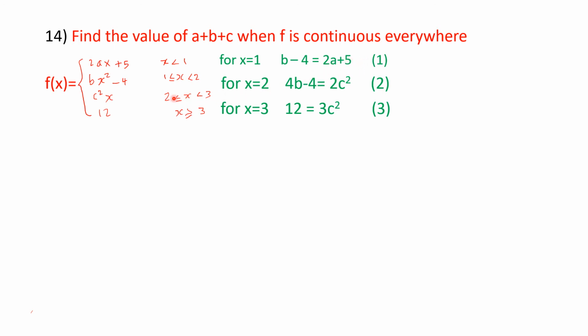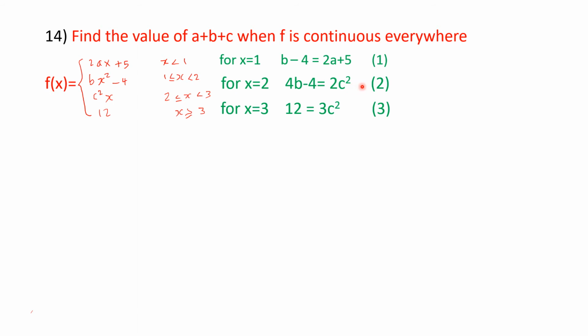For the second equation, we have x equal to 2, but x equal to 2 is shared by the second and the third branches. So we'll do the same. We have to plug in x equal to 2 on the second and the third branches. And when we do that, we're going to get 4b minus 4 equals twice c squared.